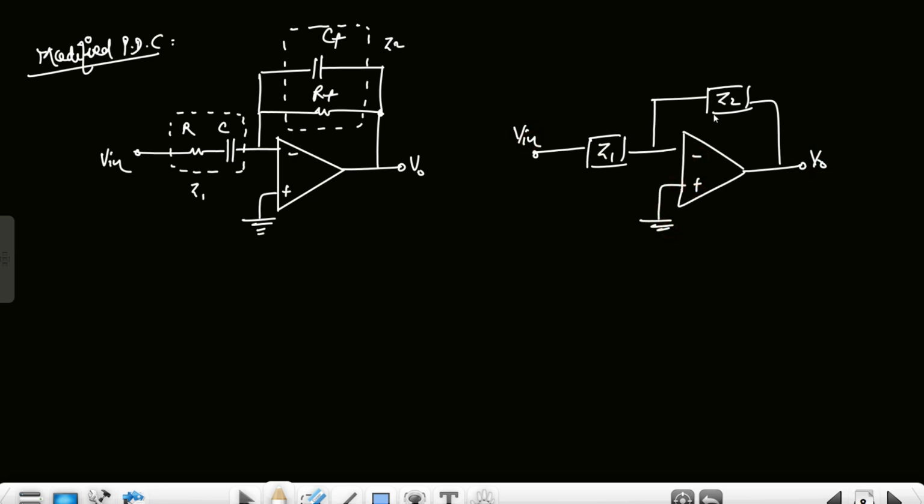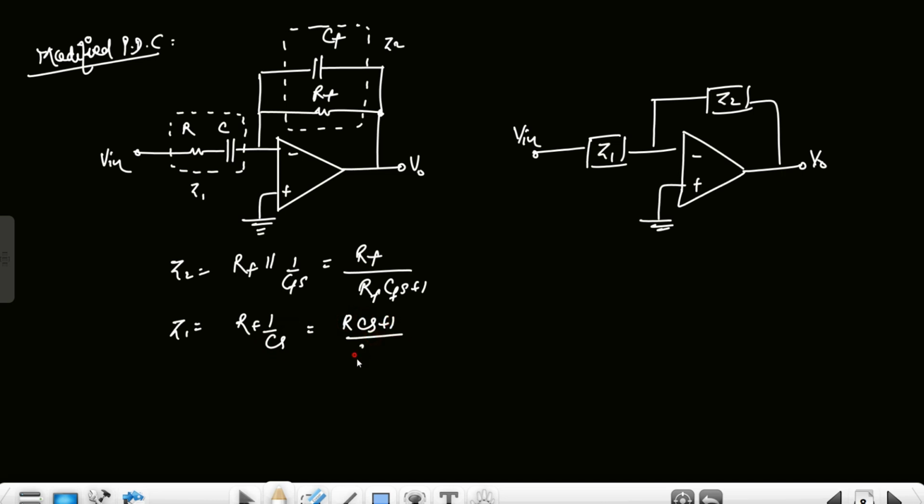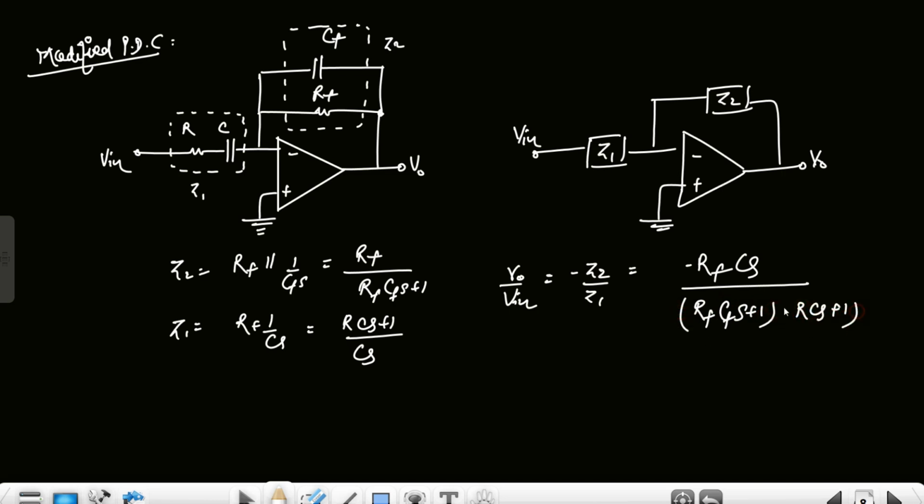Which is Vo by Vin equals minus Z2 by Z1. So Z2 is RF in parallel with 1 upon CFS, which is RF upon RF CFS plus 1. And Z1 is the series combination of resistor and capacitor, which will be RCS plus 1 upon CS. So Vo upon Vin of this inverting op amp will be minus Z2 by Z1, which will be minus RF, and this will be in the numerator, CS upon RF CFS plus 1 and RCS plus 1.